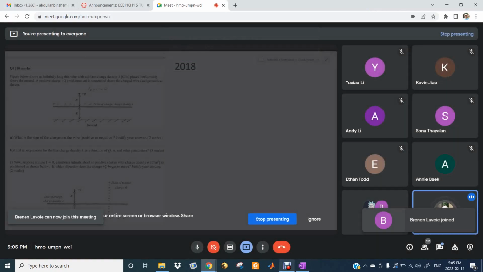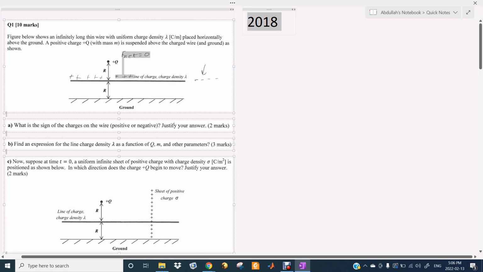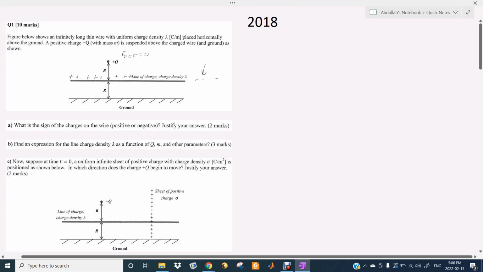They are just trying to see if you understand that it's a repulsive force acting on the positive charge. Because if the line charge was negative, then you would have faced an attractive force downwards, right? But since it's suspended, there is a force acting upwards onto this charge.